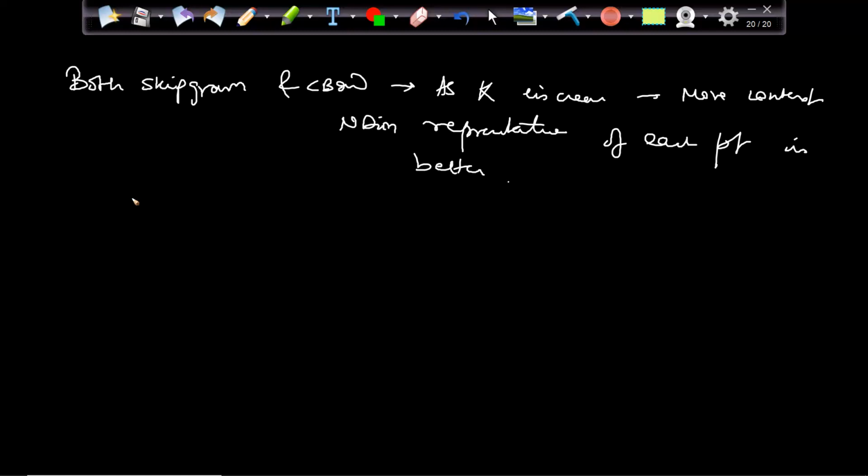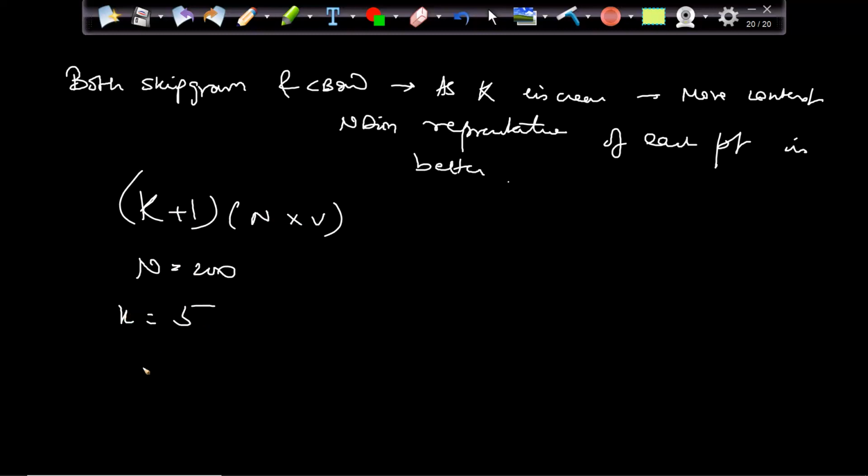But the problem here is that in both CBOW and skipgram, my formula is K plus 1 times N into V, the total number of weights I have to train. Let's say N is 200, K is my surrounding words, 5 words I'm interested in, and let's say 10k words are there in my vocabulary.